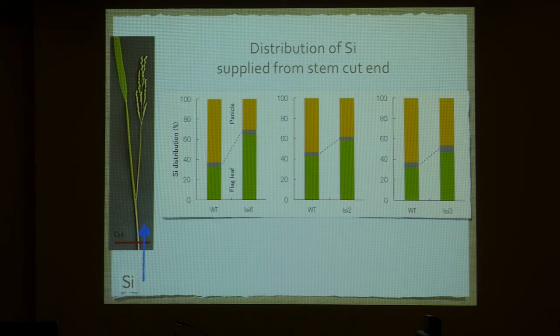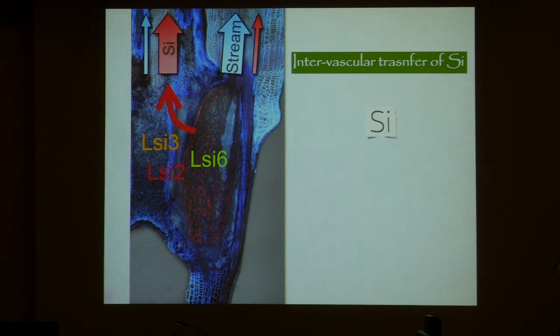As you can see in these figures, knocking out ELISA6, ELISA2, or ELISA3 resulted in more silicon distribution to the flag leaf, but less silicon distribution to the panicles. So this result very clearly shows that these three transporters, ELISA6, ELISA3, and ELISA2, play a very important role in the intervascular transfer of silicon.